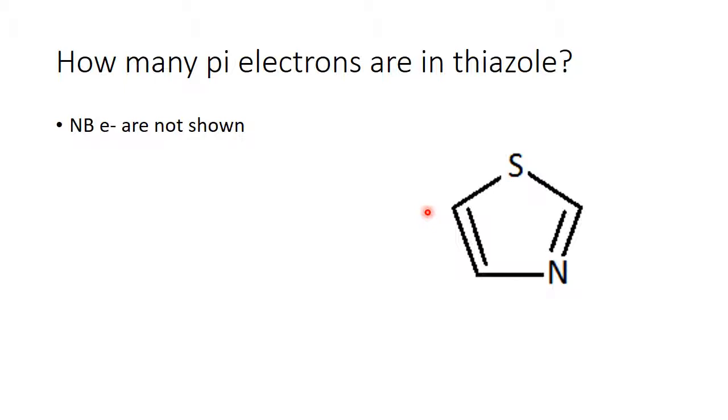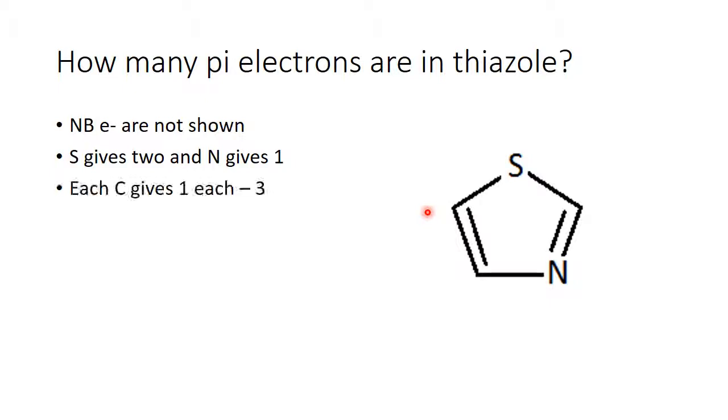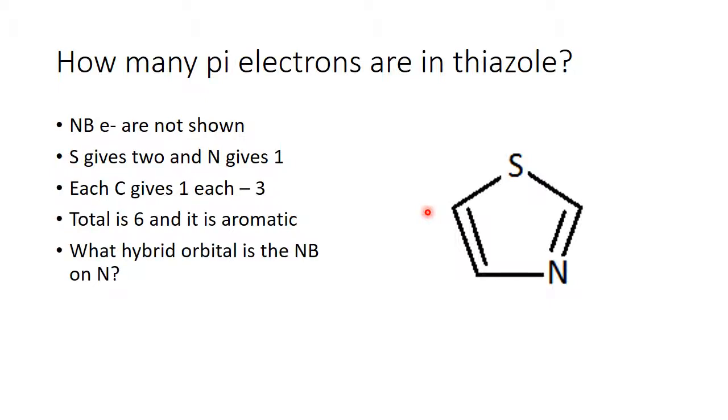And if I look at the other atoms, they're all in the ring and all in a pi bond, or written as in a double bond. So I know each of those are giving 1 electron, including the nitrogen, which is only giving 1 electron. Each carbon is giving 1 electron each. So 3 electrons from the carbons, 2 from the sulfur, and nitrogen gives 1. So the total is 6, and that's an aromatic compound.